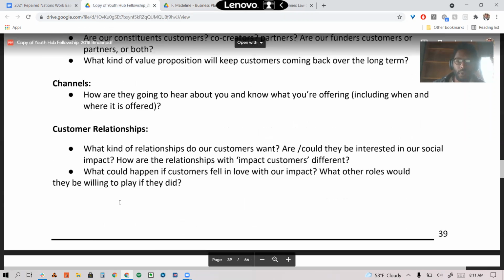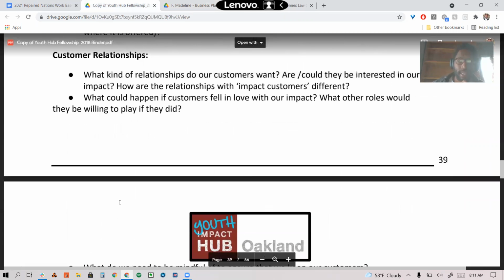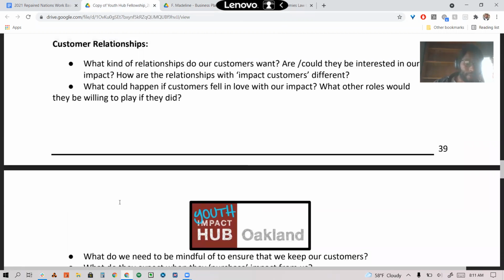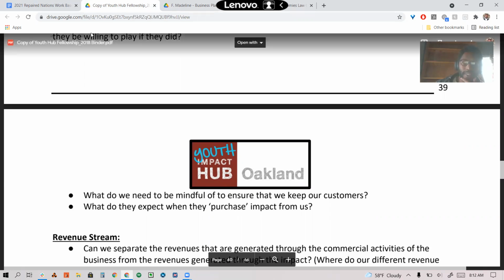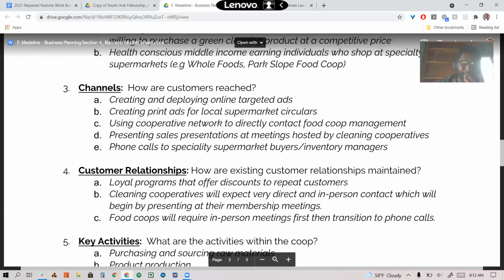Jumping over to the Youth Impact Hub, they have a lot more questions, asking like, what kind of relationships do customers want? What happens if they fall in love with our impact? What do we need to be mindful of to ensure we keep our customers? What do they expect when they purchase from us, especially when they're going for impact?